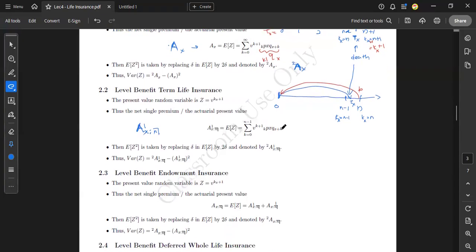And the probabilities are the same. So this is again the probability of death occurring for a person who is at age x, deferred for k years, and death occurs within the next year.